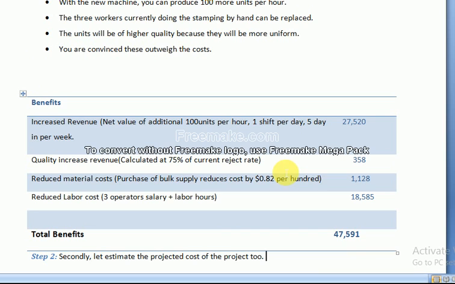Look at the increase in revenue. With the new automatic stamping machine, our revenue will be increased. How?